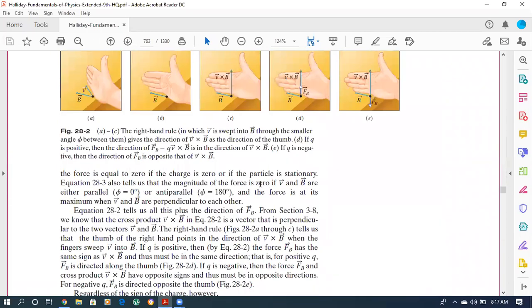So this is how to apply the right hand rule in order to determine the direction of a charged particle in any magnetic field.